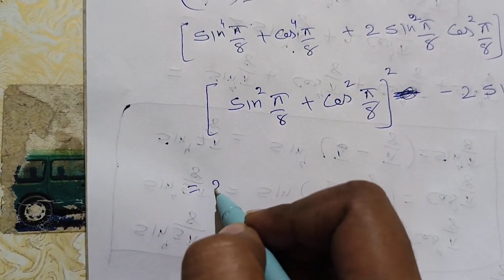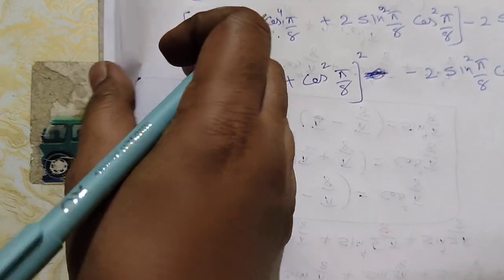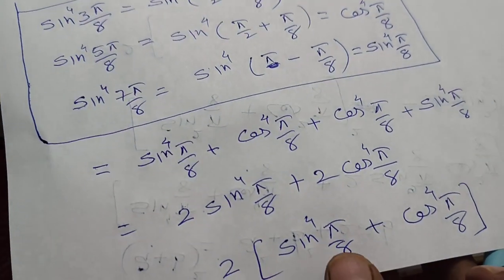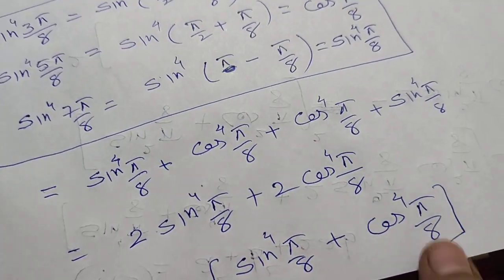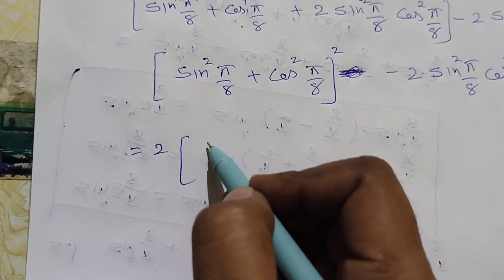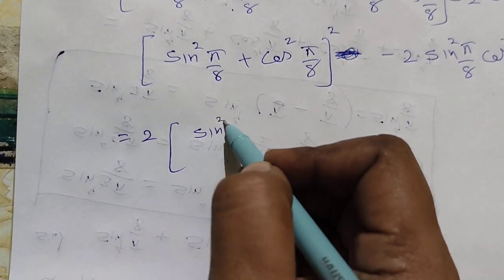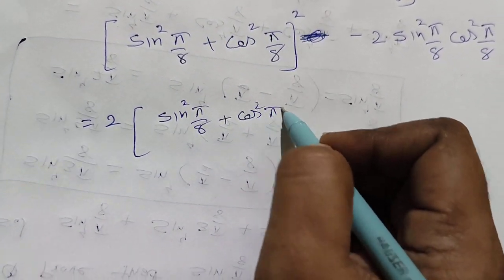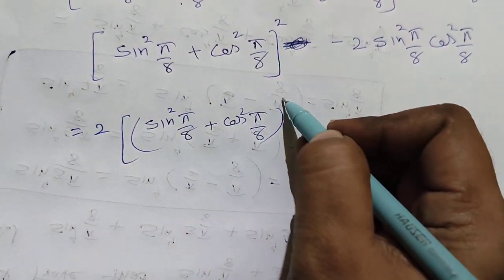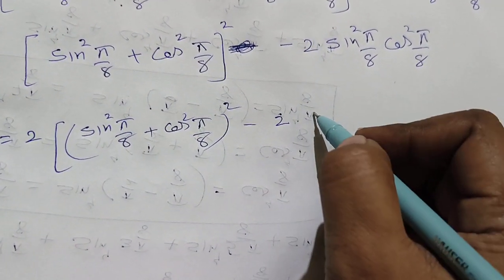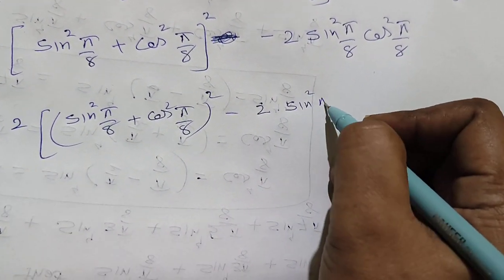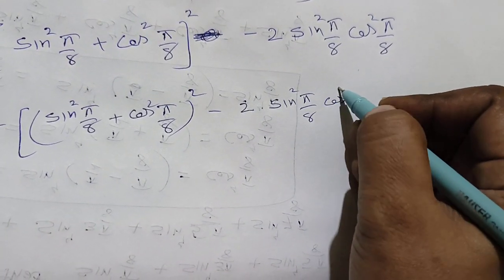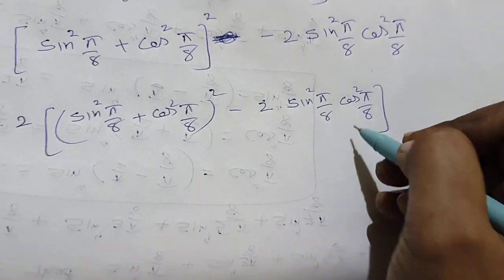I am writing 2 into the expansion of this term. Sine power of 4 pi by 8 plus cos to the power of 4 pi by 8 is this one: sine square pi by 8 plus cos square pi by 8 whole square minus 2 times sine square pi by 8 cos square pi by 8.